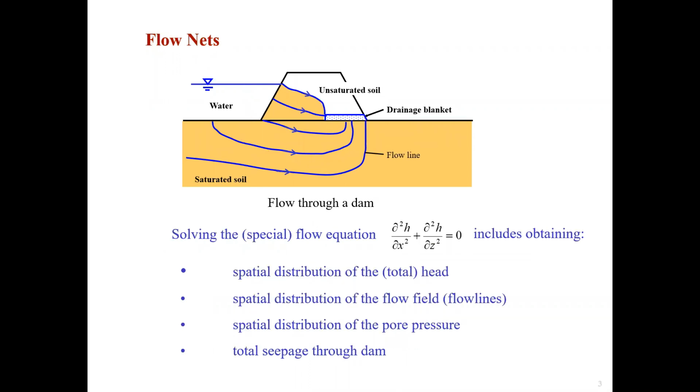By solving this equation, we could get the distribution of the water height, the flow length, the pore water pressure, and even the total seepage. This is a very useful equation, which I will show you in more detail in the coming few slides.